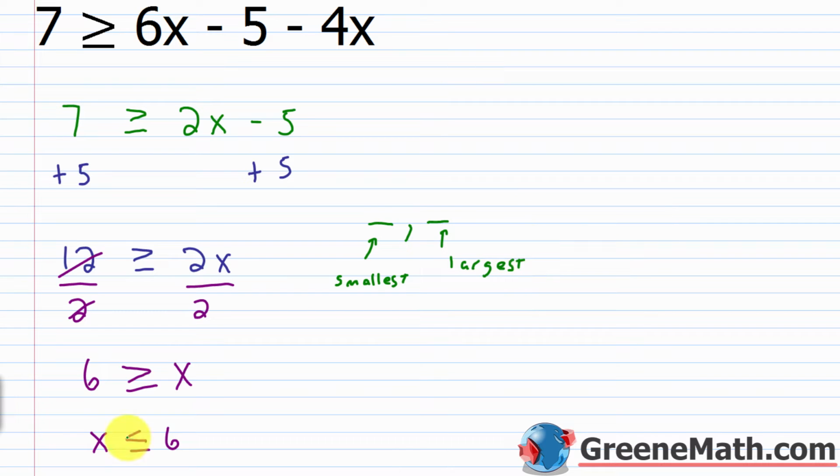So when we think about x is less than or equal to 6, what is the smallest value that x can take on? Well, there's not going to be one because x is less than or equal to, so any value less than 6 that you can think of is going to work. And that goes on forever and ever and ever. I could do -1 trillion. That would work. So to show this, we use infinity.